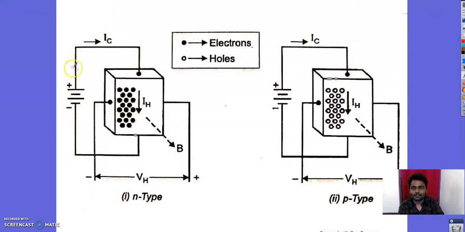When a battery supply is given, two magnets are placed on either side of the semiconductor material. Because of that, the current flowing through the semiconductor material gets deviated and passes to the voltmeter. From that we find the Hall voltage.